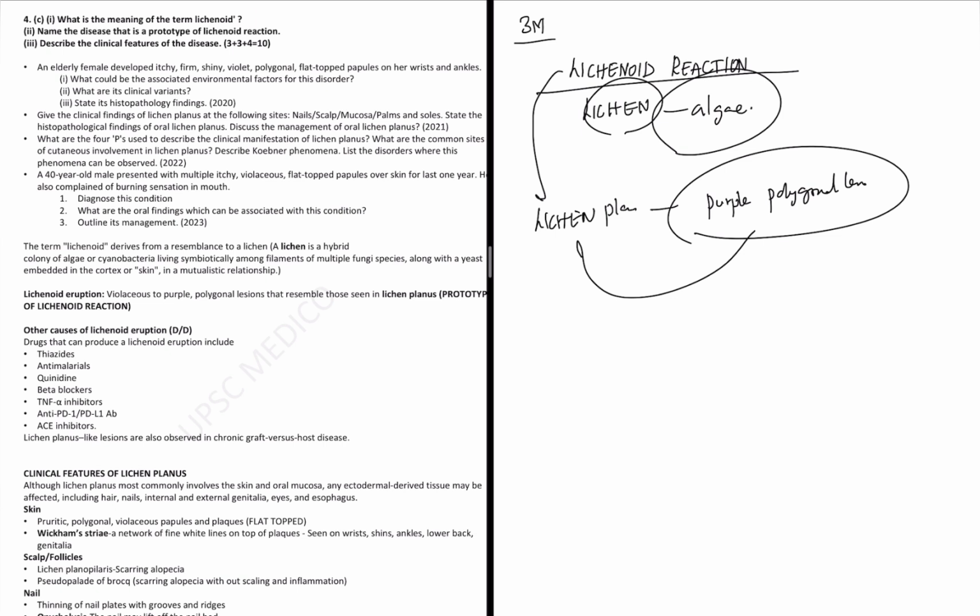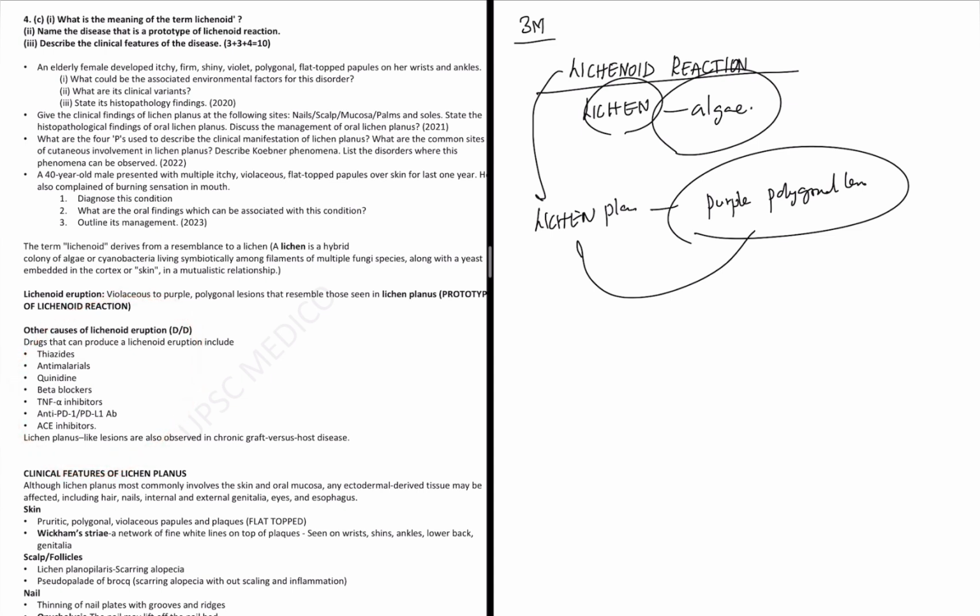So that is what you need to know about lichenoid. Lichenoid is a term which resembles lichen. Lichen is a hybrid alga, and any lesions which are like lichen planus, we call a lichenoid eruption. Apart from lichen planus and graft versus host disease, the leading cause of lichenoid eruptions is drugs. Among these drugs we have thiazides, antimalarials, quinidine, beta blockers, TNF alpha blockers and ACE inhibitors. If you remember 3 to 4 drugs, it's well and good.